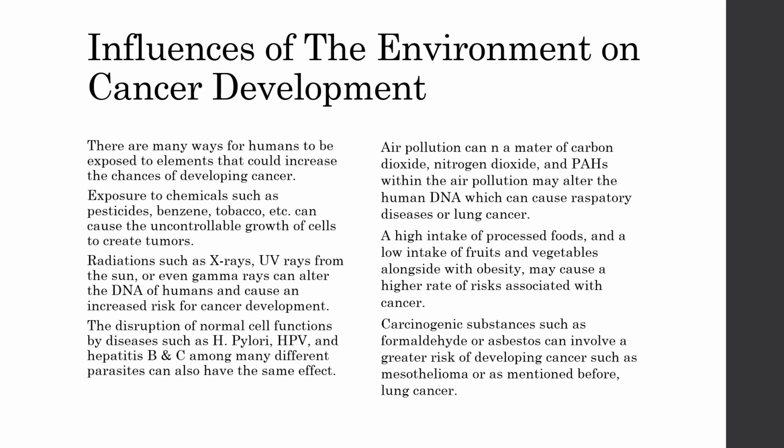These can create a way for uncontrollable cell growth to initiate within the body and create tumors. High radiation, such as exposure from X-rays, UV rays, and gamma rays, can change a person's DNA that may cause increased risks of cancer.